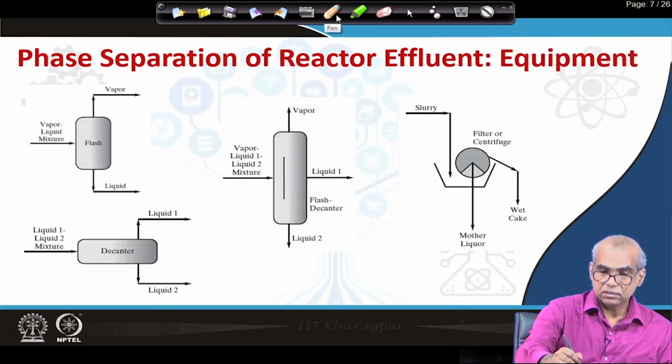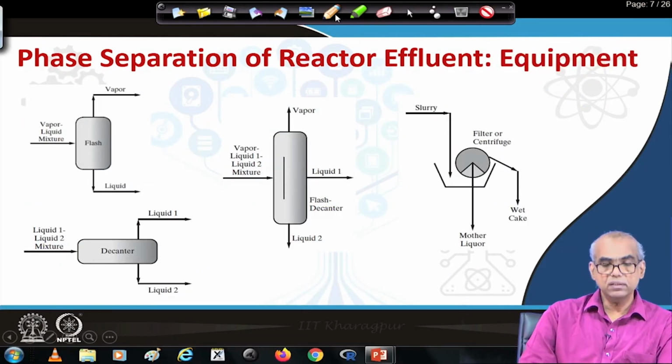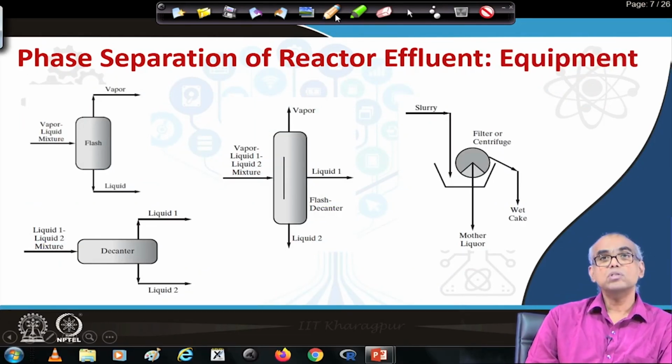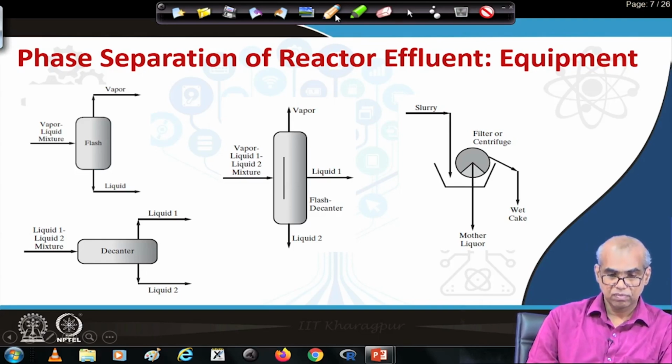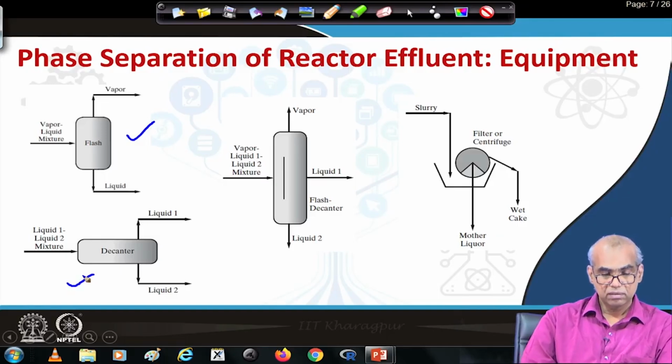These are some equipment which can be used for phase separations. Flash drum can be used to separate a vapor liquid mixture. Decanter can be used to separate a mixture of liquid 1 and liquid 2.